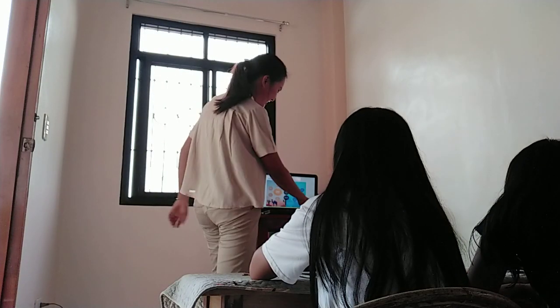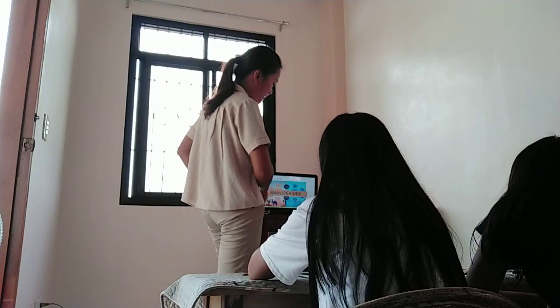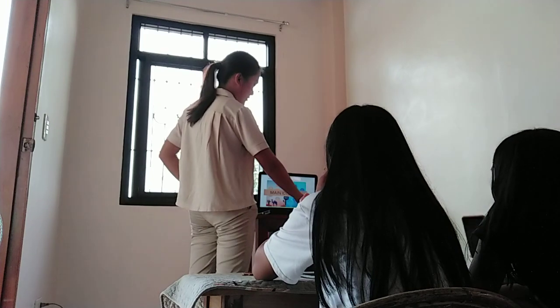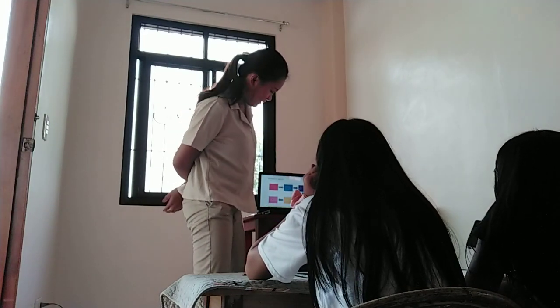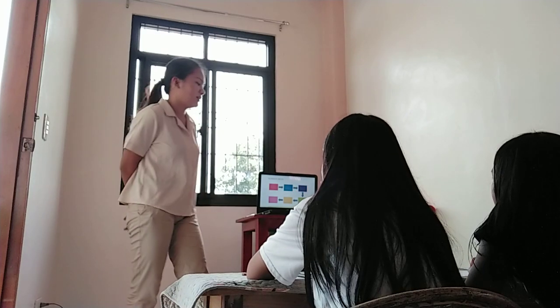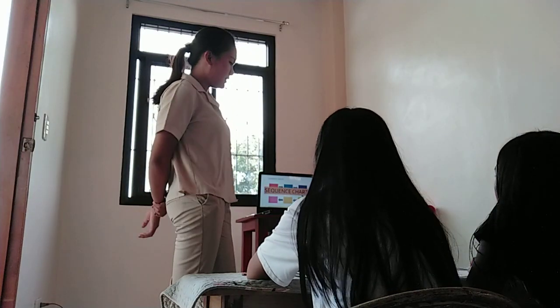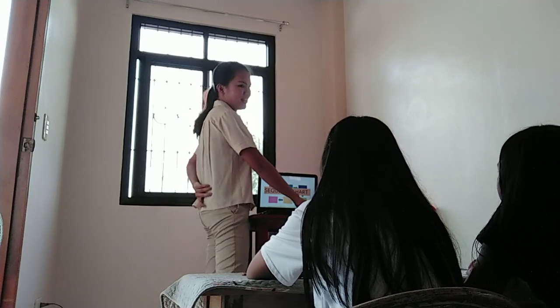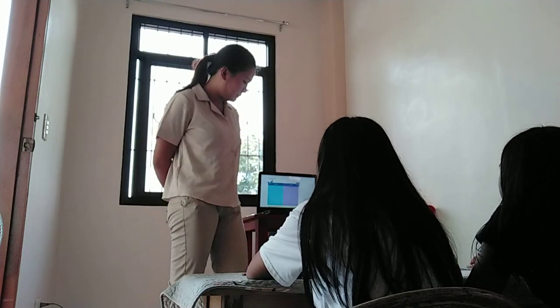May idea. Yes. Namindot ka eh. That is the main idea of it. Next. Sequence chart. Yes, very good. That is a sequence chart. Yes. Next. Chart?